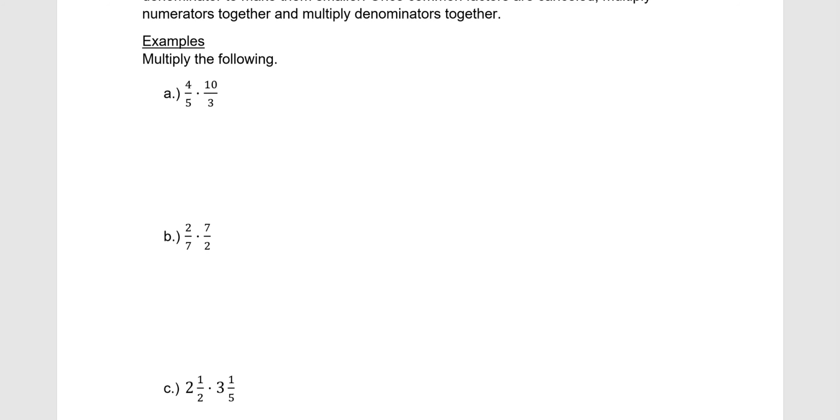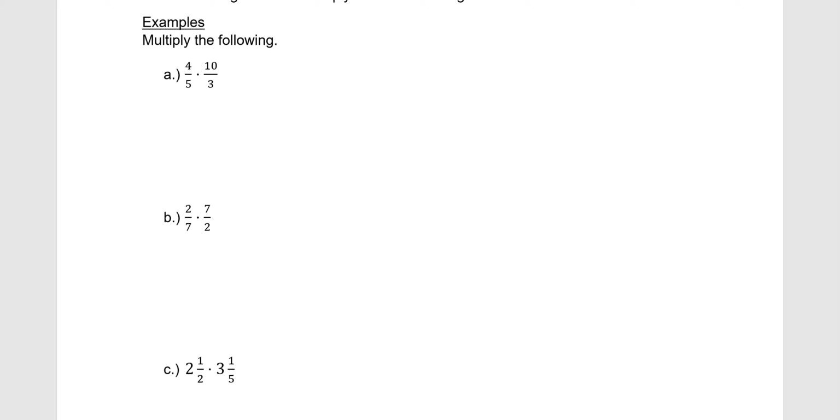So let's do this first one here. Let's multiply 4/5 times 10/3. So we can multiply straight across if we want to, but let's cancel first. So canceling common factors here. We can't reduce these individually, but we can take a look at this 10 and this 5.